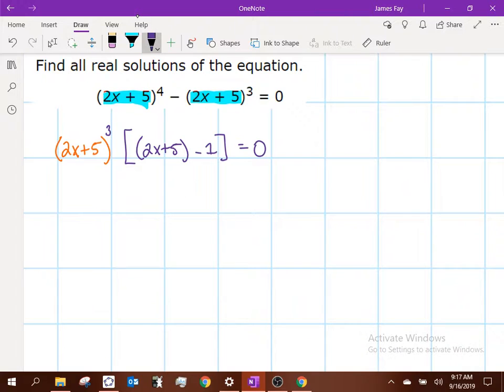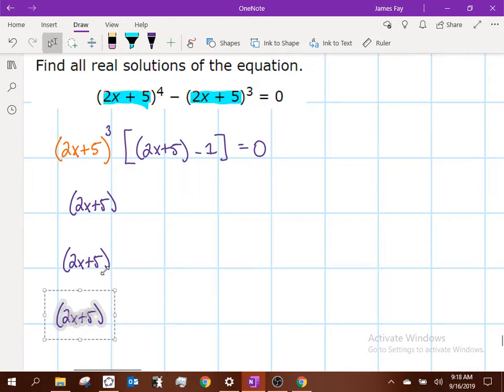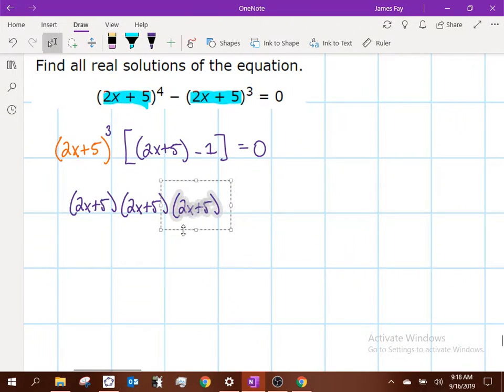And I think it's important to be able to make these connections, because a lot of times if you can make these types of connections and you forget a rule, or you forget what we're supposed to be allowed to do here, but you realize that 2x plus 5 to the 4th really just means that, right?